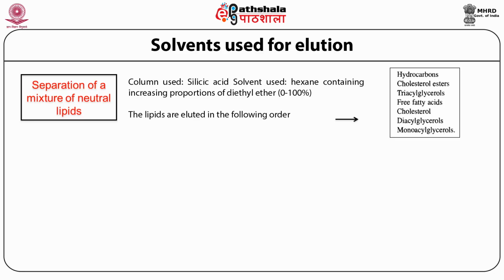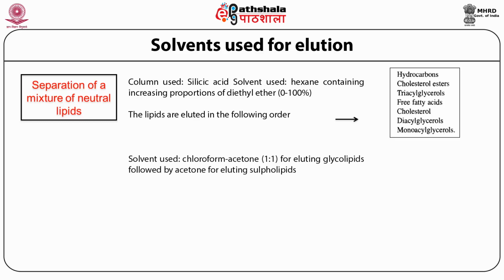So you can increase the proportion of diethyl ether in hexane in order to separate a mixture of neutral lipids. The box on the right shows the order in which the neutral lipids will be eluted.